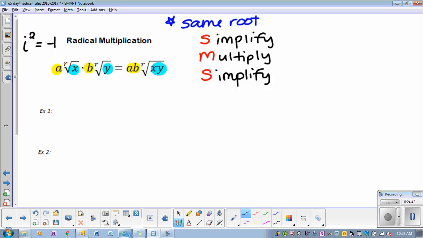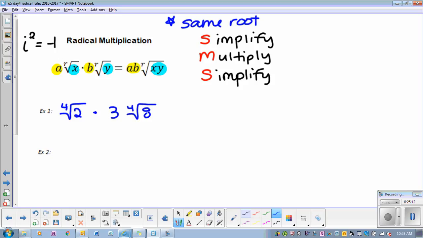Okay? So let's try an example here. If we had a fourth root of 2 times 3 fourth root of 8.